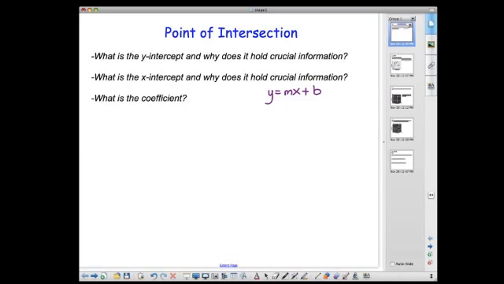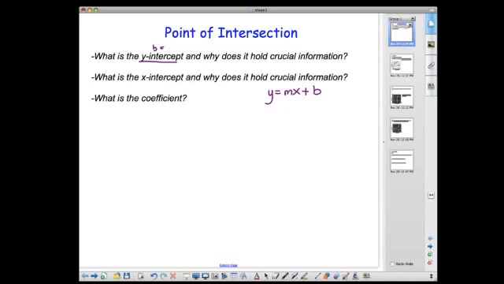What you may have realized during some of your classwork on slope is that b is actually the y-intercept. So one of our objectives for today is what is the y-intercept and why does it hold crucial information? Now, when I talk about the y-intercept, I talk about it being where our linear equation intersects the y-axis.